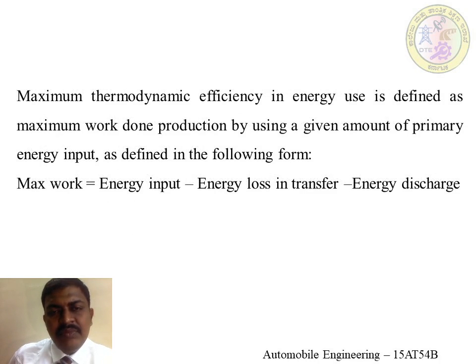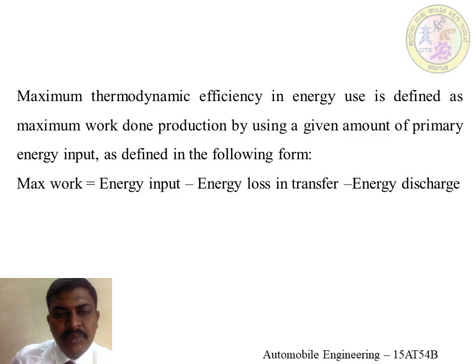Then maximum thermodynamic efficiency can be defined with the help of maximum work done. Usually it is found with the relation called maximum work, which can be found by subtracting the energy loss in transfer and energy discharge from the energy input.